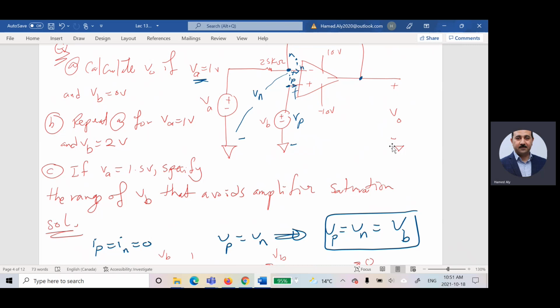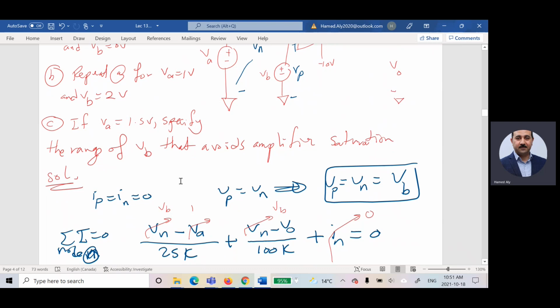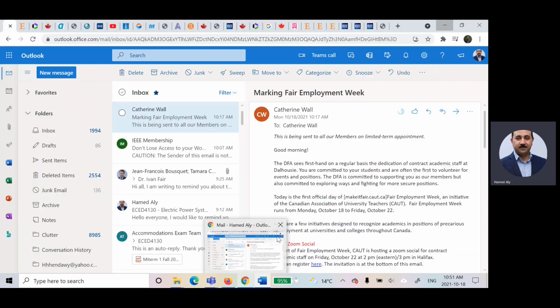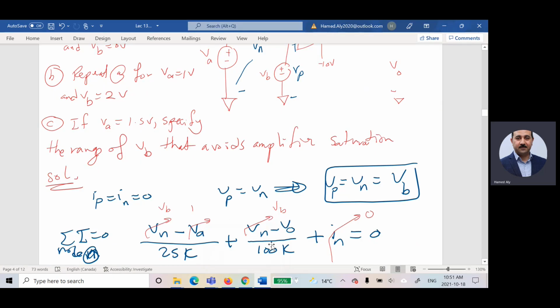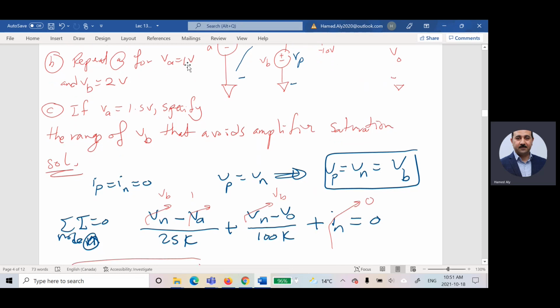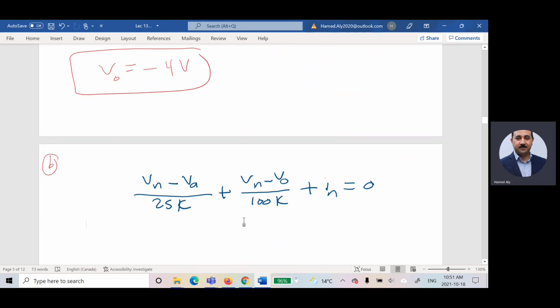Okay. Now, let me read part B. Part B, he said, repeat A for VA equals 1 and VB equals 2. So I'm going to repeat solving part A. What is in part A? I have this equation in part A. So what am I going to do here? I'm going to substitute VA equals 1 and VB equals 2, and write my equation again.